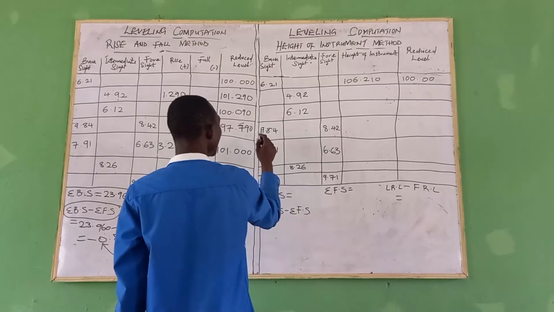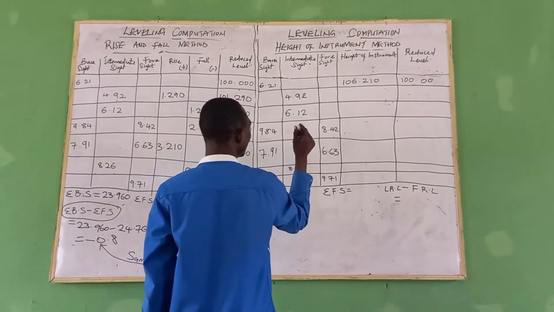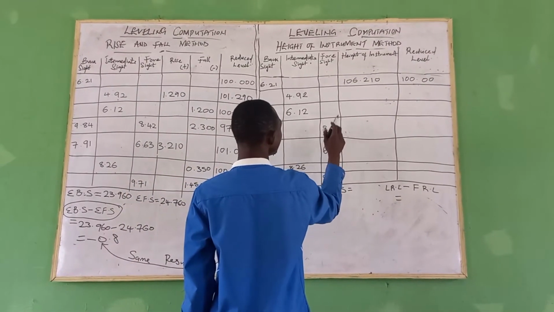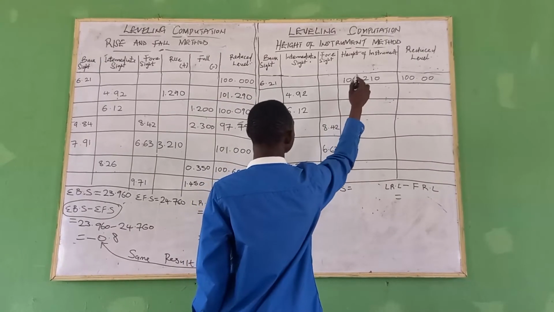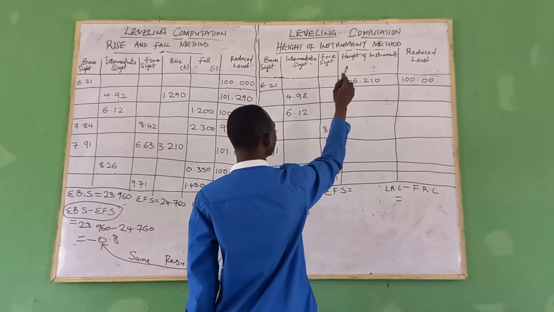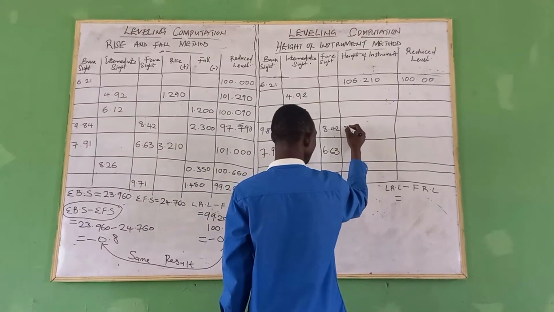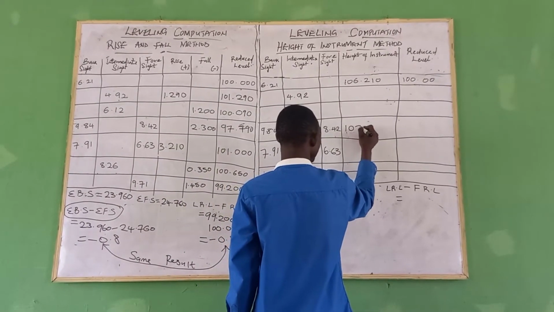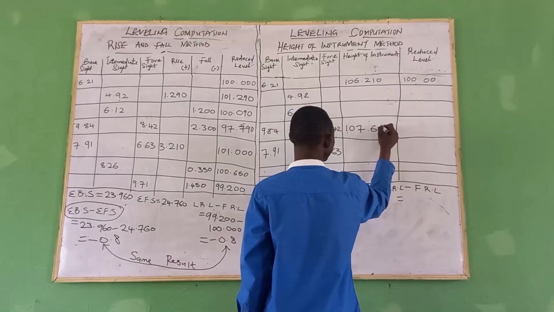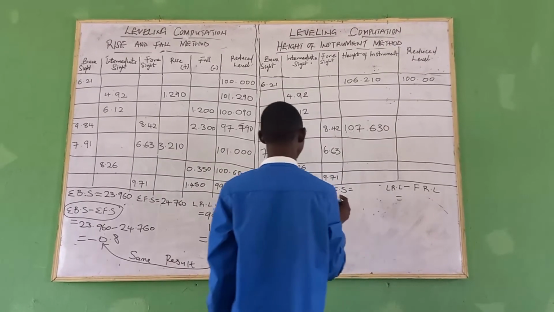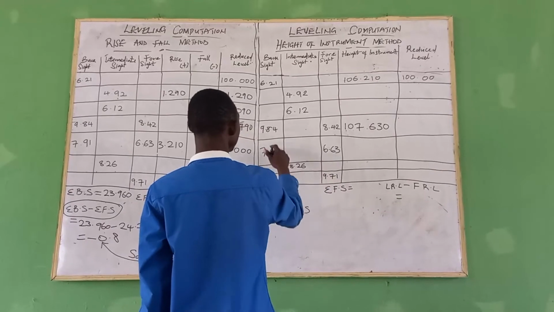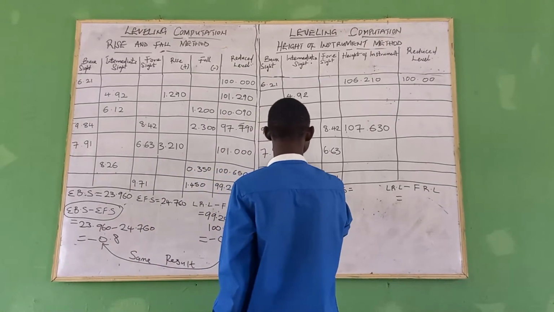That is 9.84 subtract from 8.42. You add it to the previous height of instrument. It's going to give us the next height of instrument, which is 107.630.